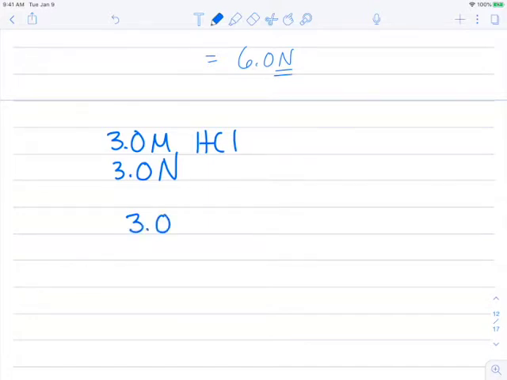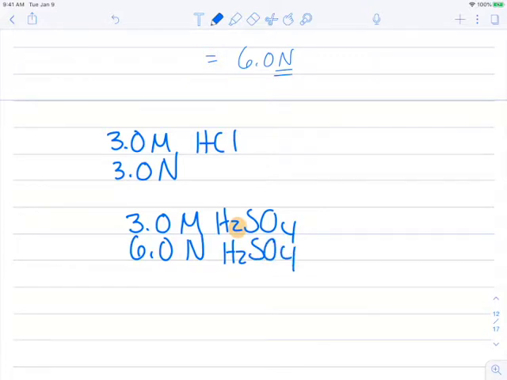But if I had 3 molar H2SO4, it's going to be 6 normal H2SO4. So in other words, we can neutralize twice as much base with the sulfuric acid, because of the 2 right here, than we could with the HCl. I'm going to show you some more examples, but any questions so far?